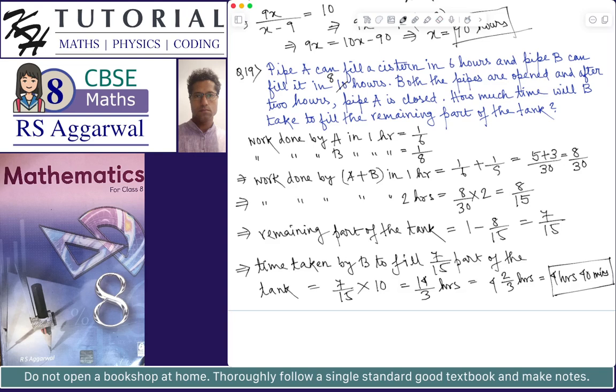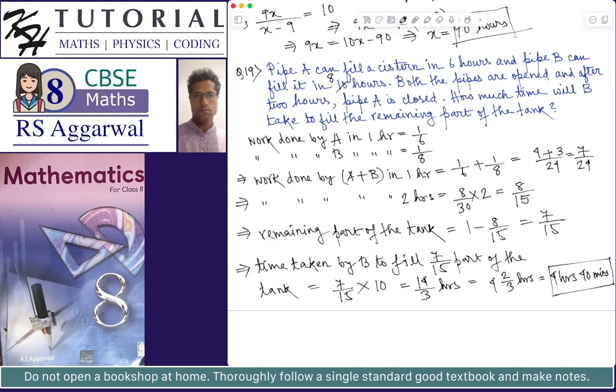So this is 8. Now 1 by 6 plus 1 by 8 is how much? 4 plus 3 by 24, which is 7 by 24.